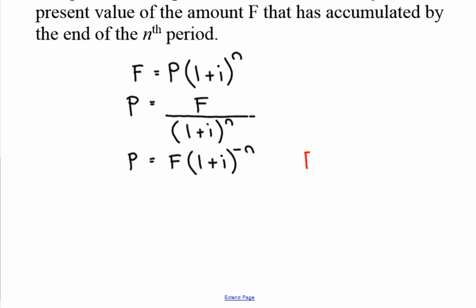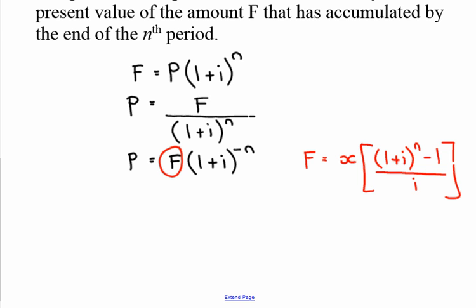We know that our future value is equal to X, 1 plus I to the power of N minus 1 all over I. So we can take that and replace this F with that whole expression there. Okay, so let's replace it.